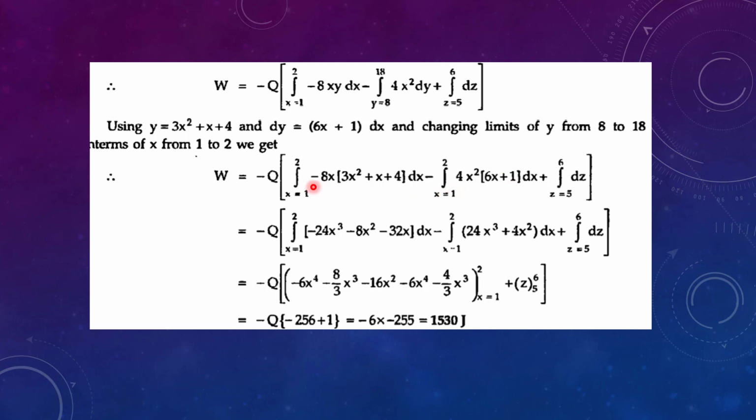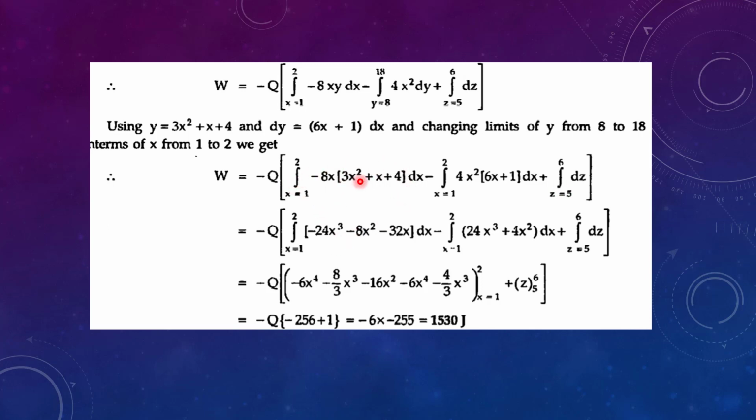See, all the values are x, all the values here also x. So as there is dx, again we have to take the limits of dx, and that is from 1 to 2, remember. Then we'll keep dz as it is because in this equation no z is present. So finally we will solve this integration.